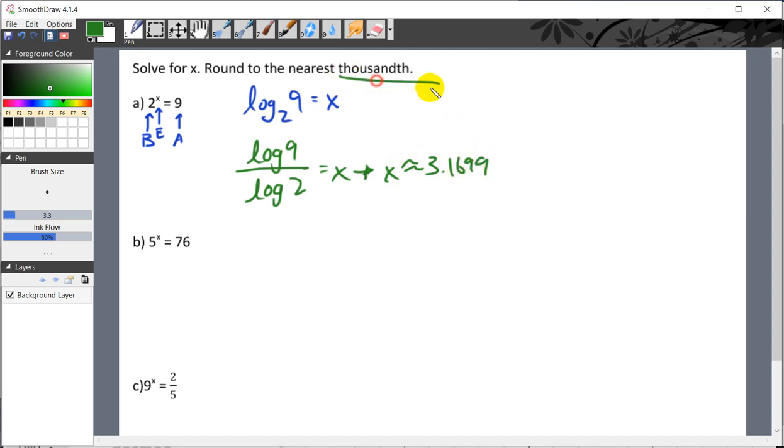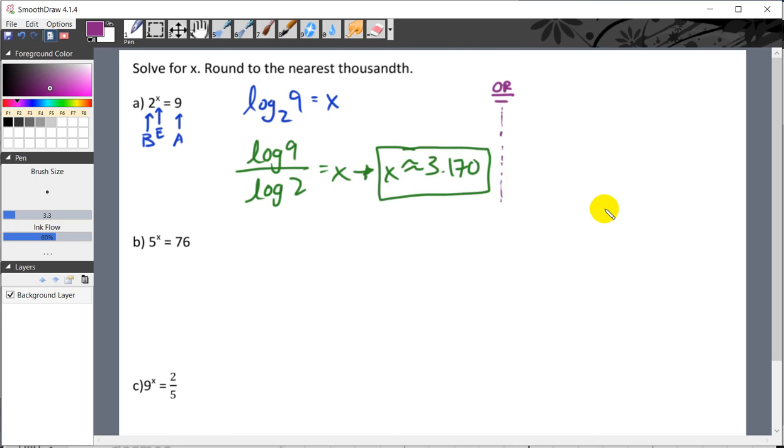If you want to round to the nearest thousandth, this would be 3.170. Now, there's another way that you can do this, and I purposely wanted to show you this way because it involves the other rules that I showed you.